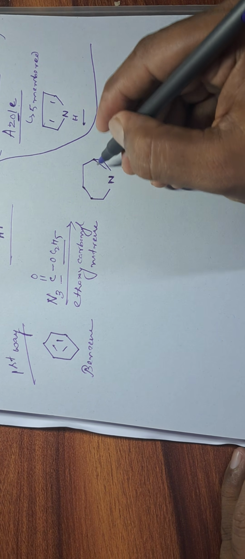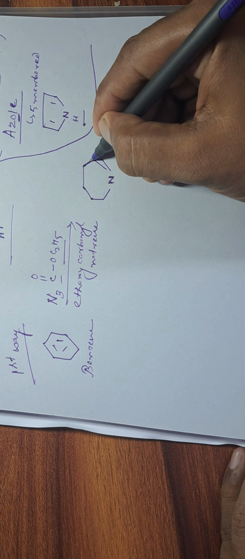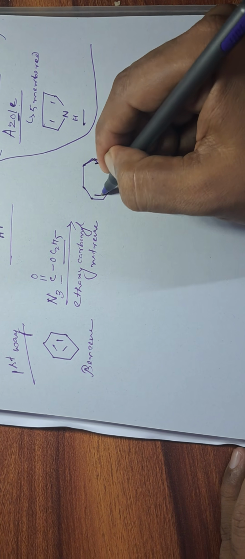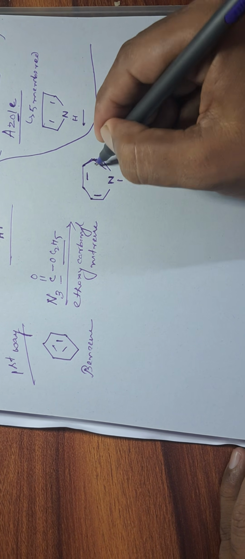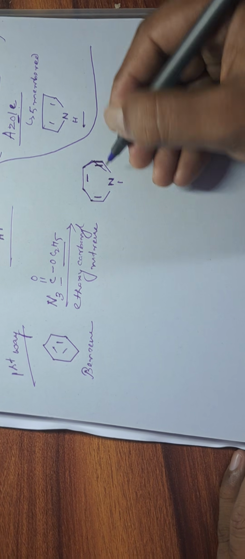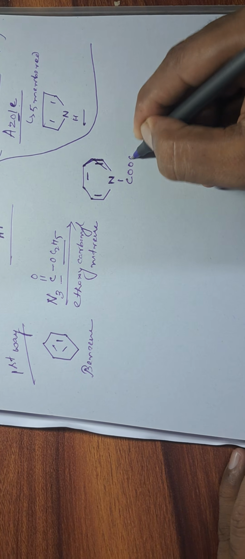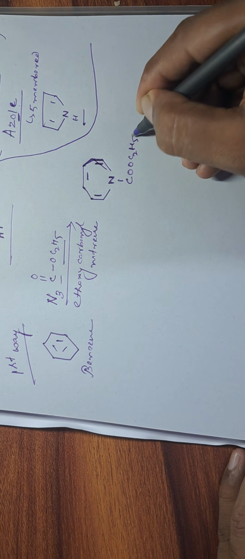This is something like this. So this is the double bond, this is the double bond, this is the double bond, and here we have CO C2H5, that means ethyl carboxylate.